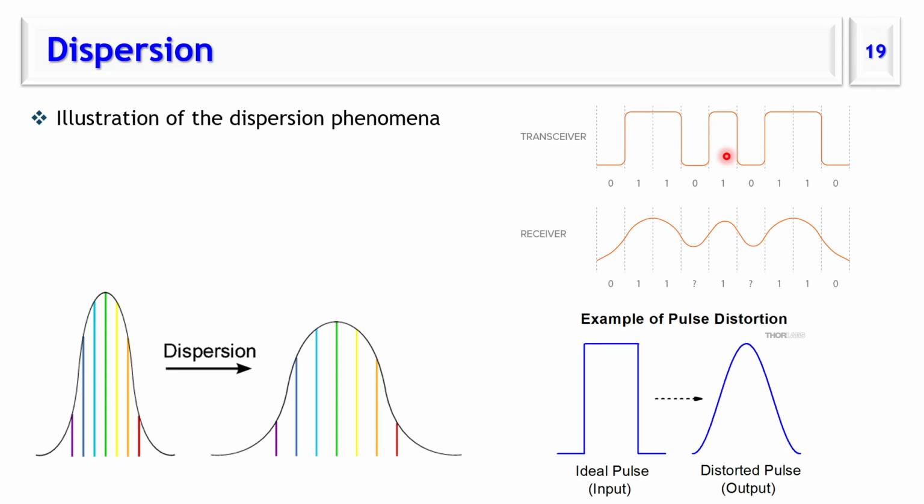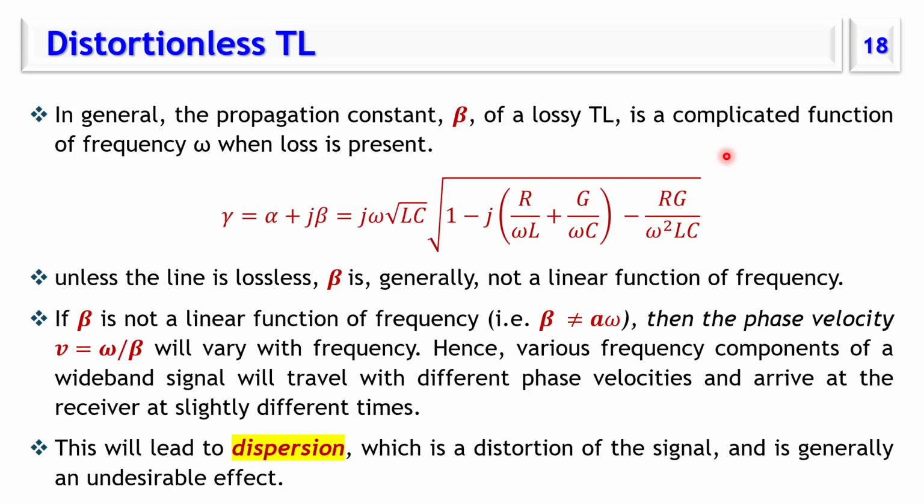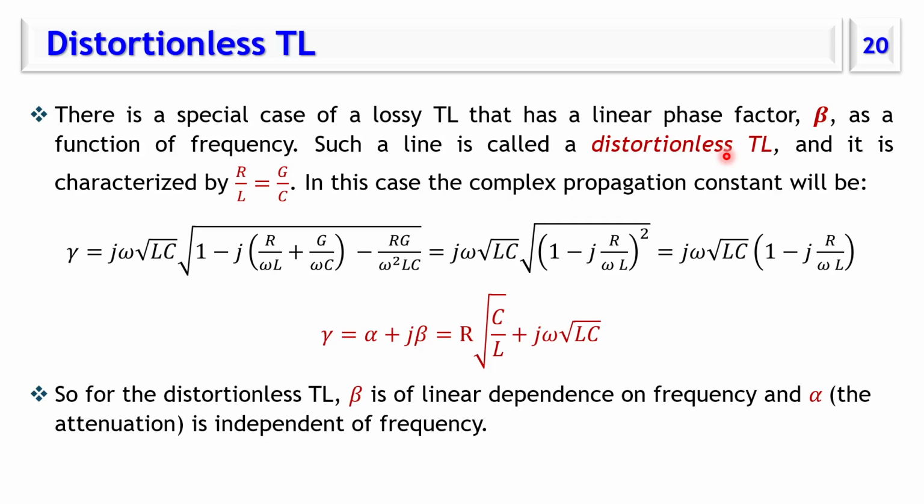So on different kinds of transmission lines, dispersion is an issue that needs to be considered, and the source of this is the phase velocity variation with respect to frequency.